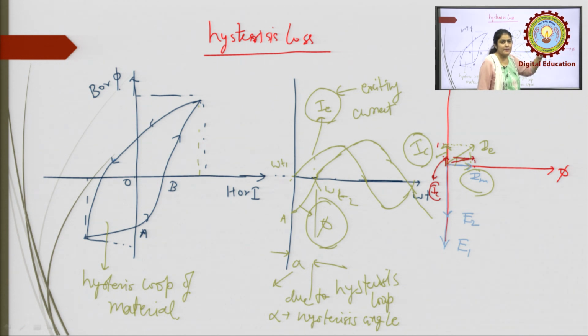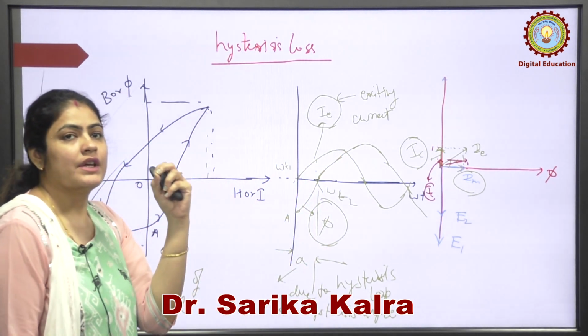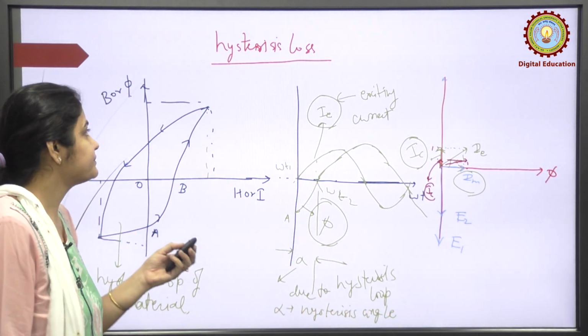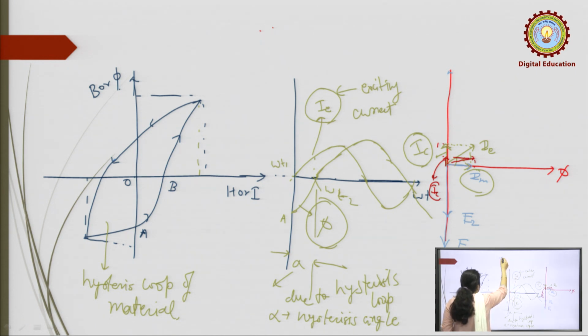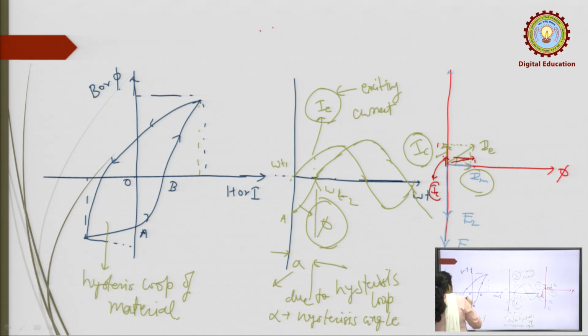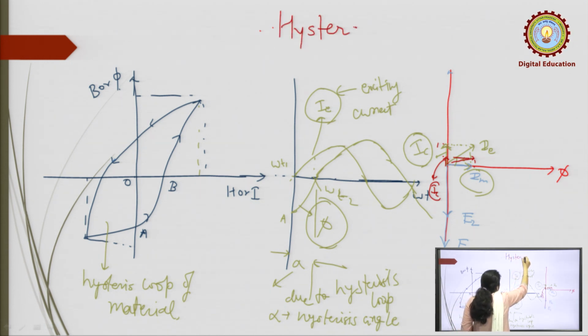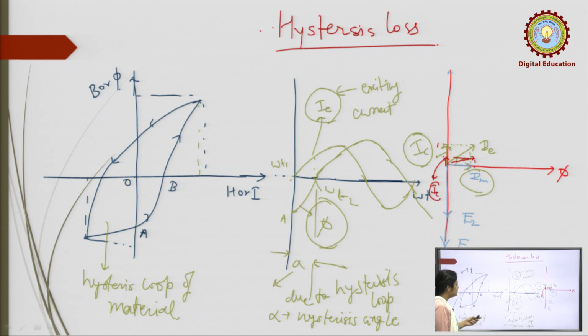The IM is larger and the IC becomes less, so the core loss is reduced.